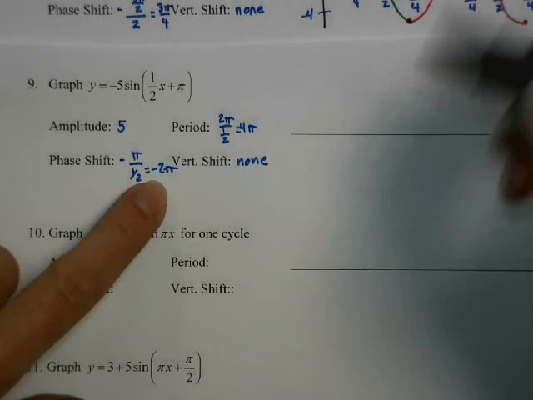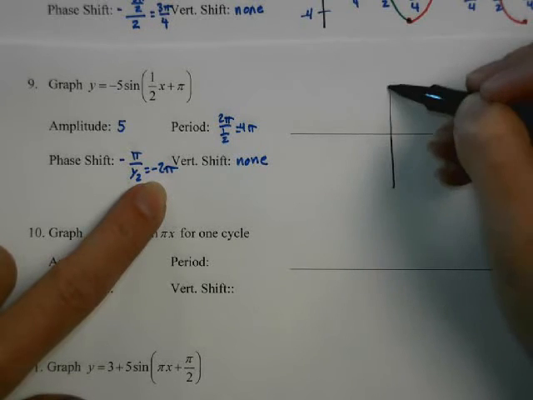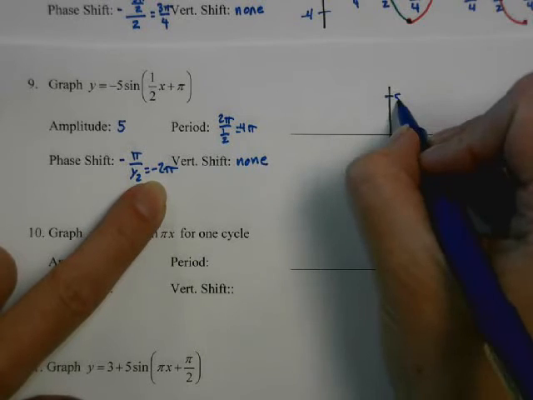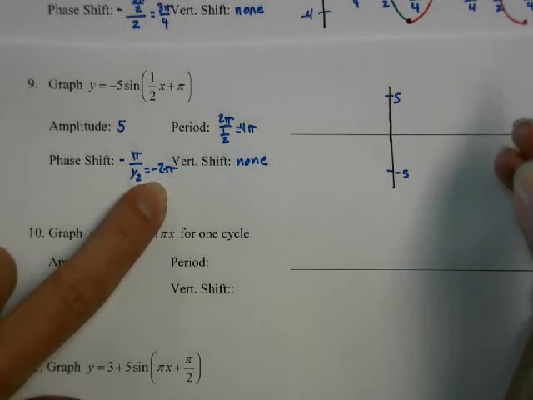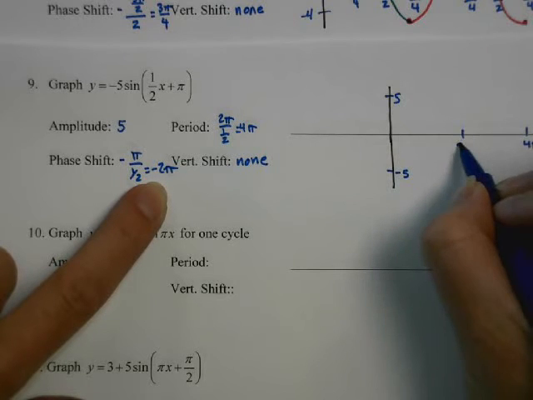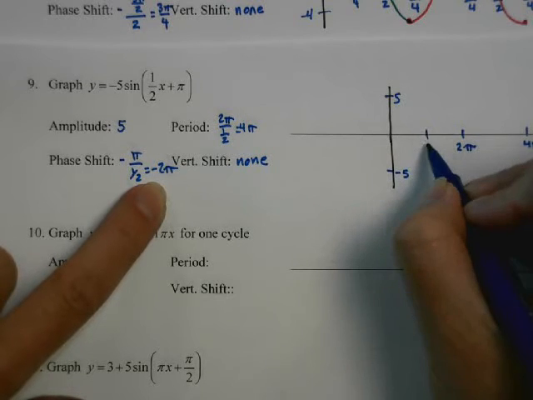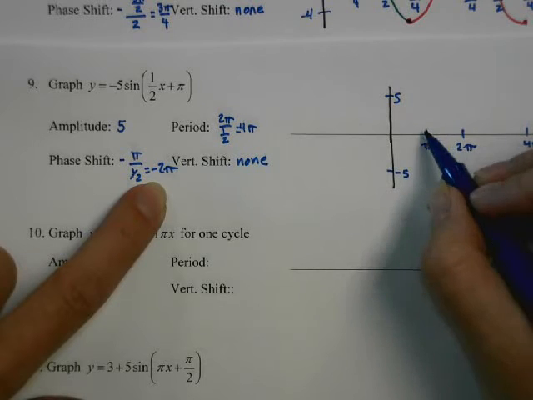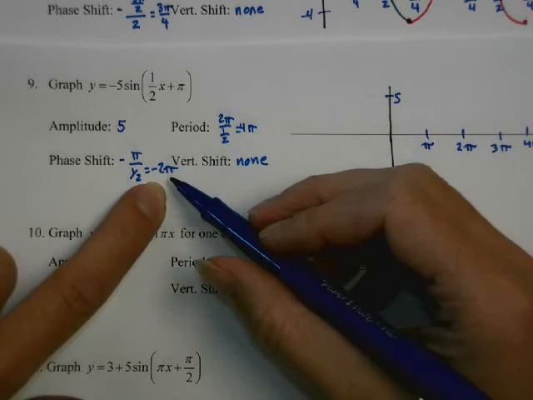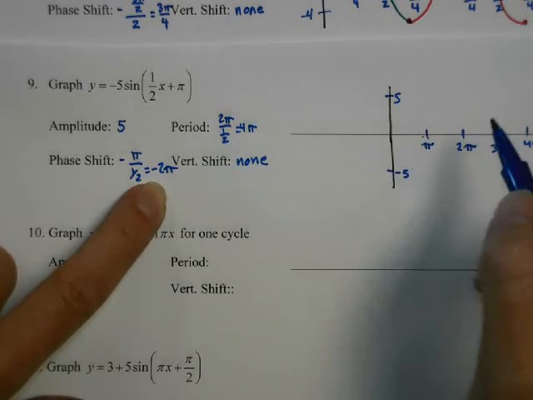So we have a negative phase shift, so I'm going to leave some negative space. 5, negative 5. Period is 4 pi. Makes that 2 pi. Makes that pi. So 1 pi, 2 pi, 3 pi. And then I need to go back 2 pi, but I still need to keep my increments.